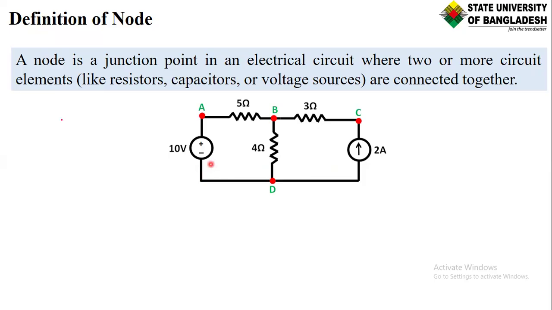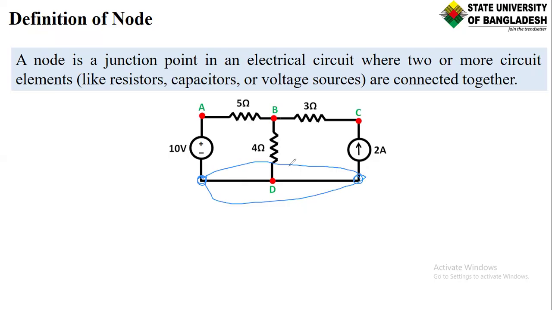So if I point out over there, here it is a node, we can say, and that is also a node, we can say. But since those three junctions are connected without any interruption, it is a common node, and that's why we did not mark and separately identify these as nodes.